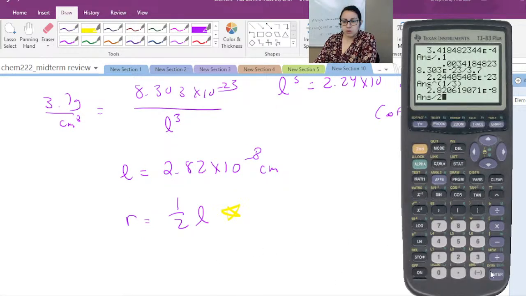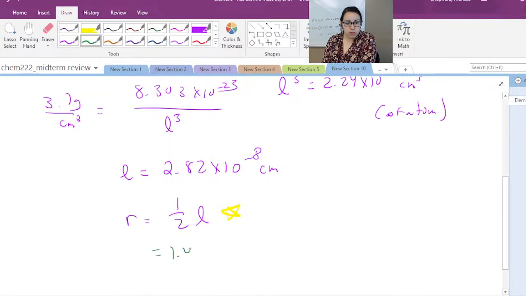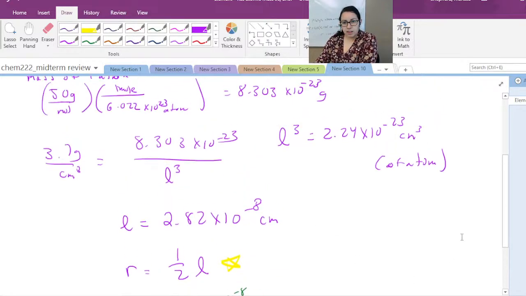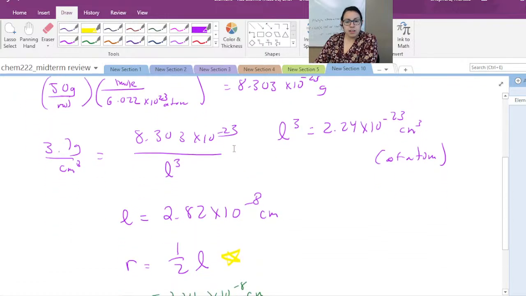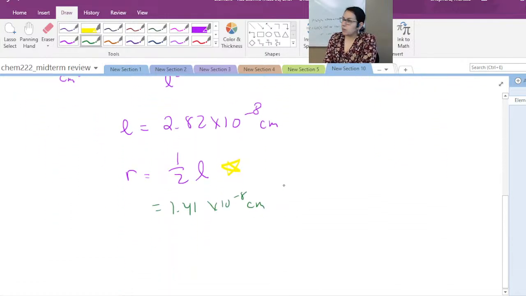So divided by 2, this is 1.41 times 10 to the negative 8th. Again, I'm still in centimeters. Because they asked for it in nanometers, I think now is a good time to do the conversion since we're in one dimension.